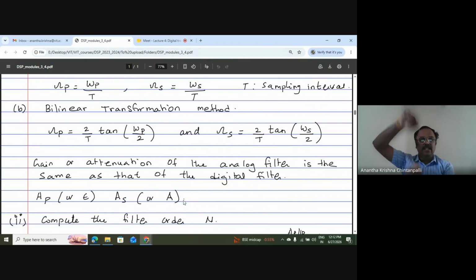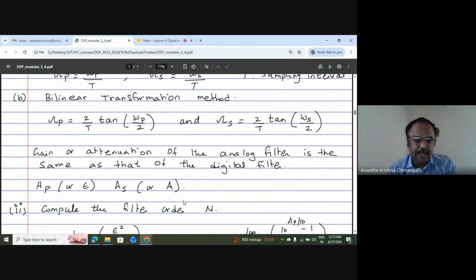So the y-axis value, whatever the specification, would not change. The only thing is that discrete omega would be converted into continuous omega with the help of bilinear transformation or impulse invariance.